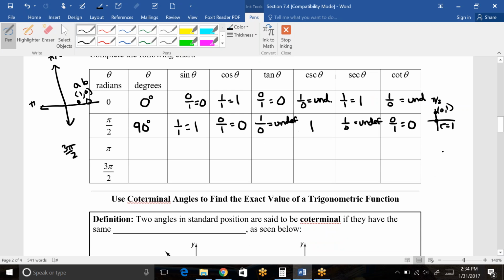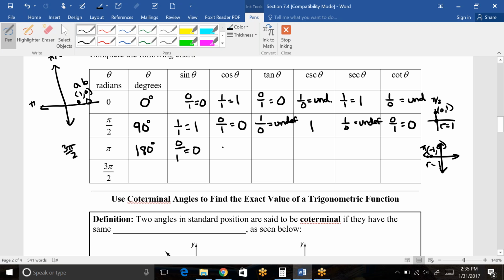Okay, and then we need to talk about pi. So pi is over here, between quadrants 2 and 3. That is always a negative x value and a 0 for the y value. Again, your radius is 1. So this is 180 degrees, and the first part is y over r, so that would be 0 over 1, which is 0.